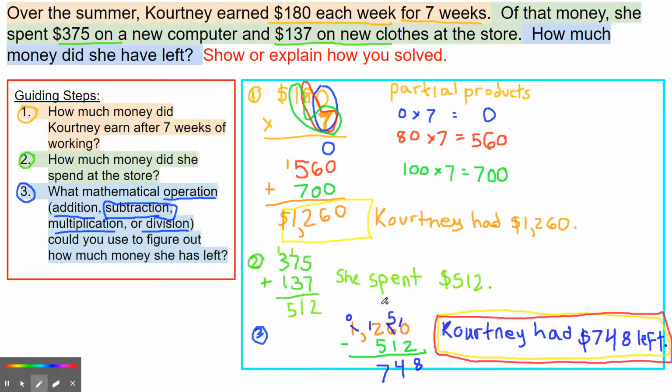All right, so once you've tried the subtraction problem, you should have gotten a difference of $748, which means this represents the amount of money that Courtney had left after going to the store.